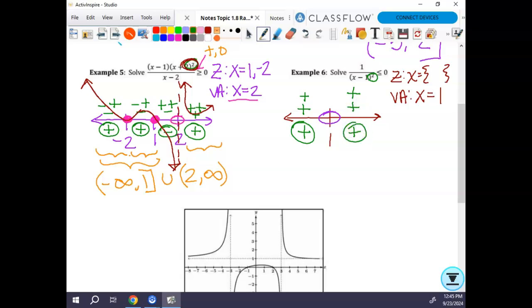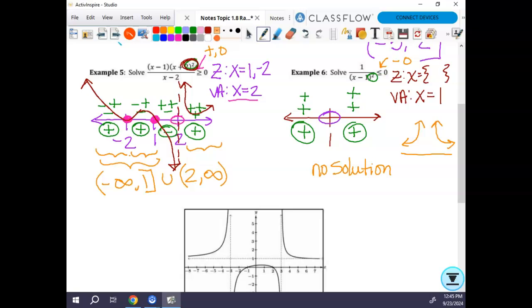And what I'm looking for here is when it's negative and 0. Is it ever negative? No. Is it ever 0? No. So it is no solution. The function basically looks something like this, with that being your x-axis. Okay. What questions you got?